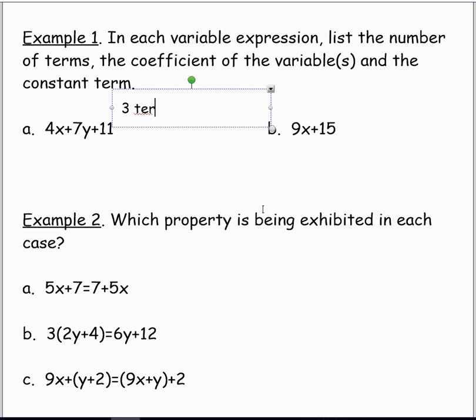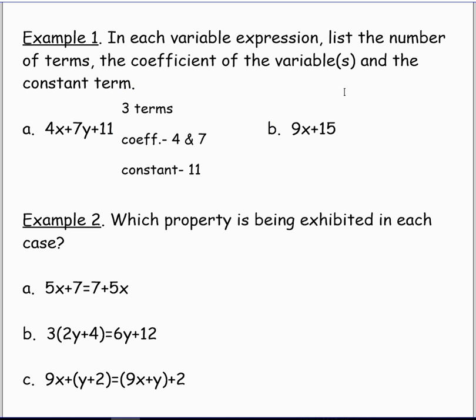So 3 pieces or 3 terms. And the coefficients, remember, are the numbers in front of your variables or your letters. So we have a coefficient of 4, that's with our x, and a coefficient of 7, that is with our y. And then the constant term is the number that does not have a variable with it. So our constant term in this one is 11.